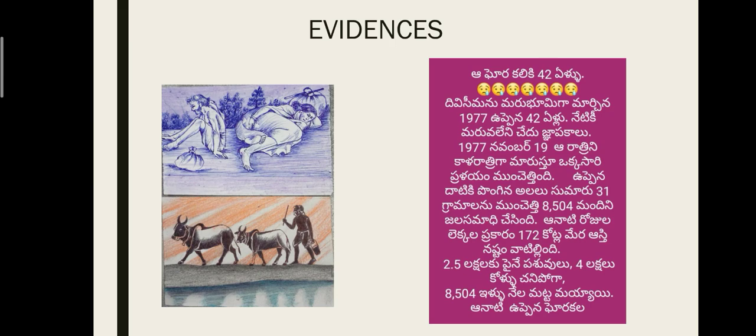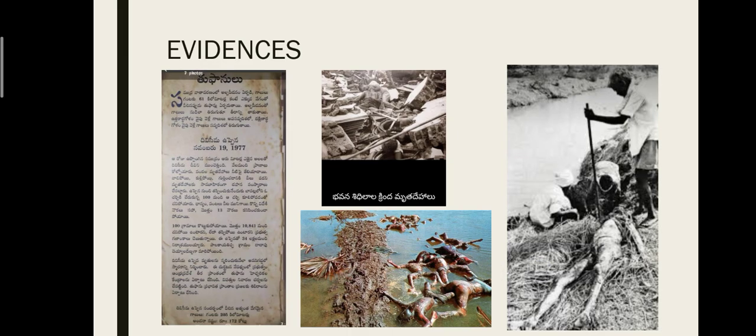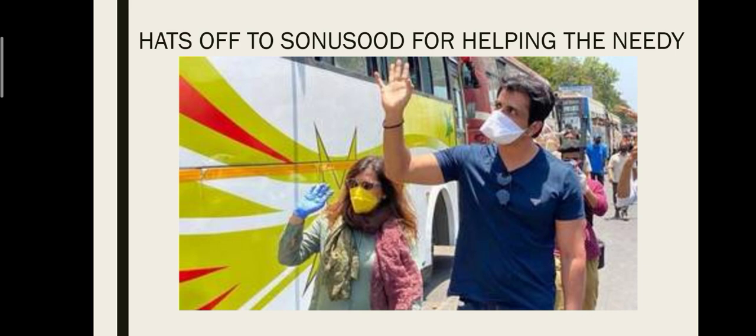And then this is the newspaper clipping. During the period of 1977, there was a lot of flood. These are the effects from that flood. See the clippings. So many people died. They are hungry and these people don't get any food.